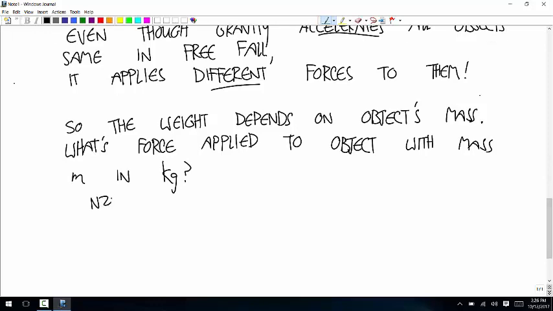Well, Newton's second law says the gravitational force acting on it, so we're thinking about this in free fall again, is equal to the mass of the object times its acceleration. And if it's in free fall, the acceleration is that.